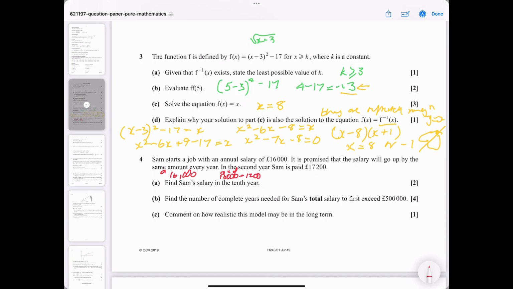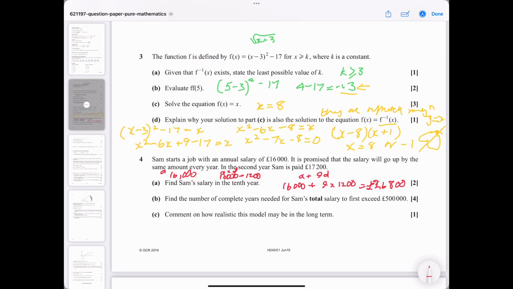So that means in the 10th year, you would have a plus 9d, which would be 16,000 plus 9 times 1,200, which equals 26,800.